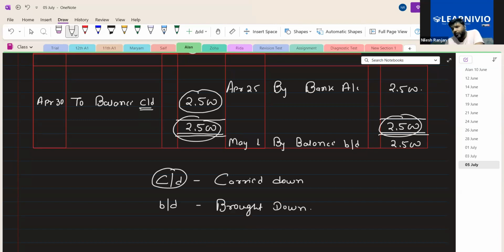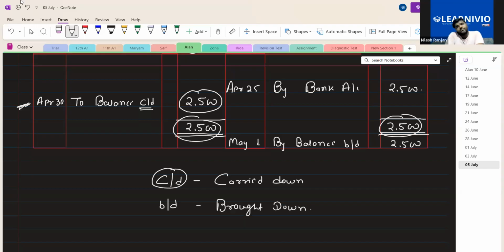The balance we carry forward to the next period is called BD. The balance which is calculated at the end is written on April 30th, and in the next month one balance will be above the total and one balance will be below the total, on the opposite side.